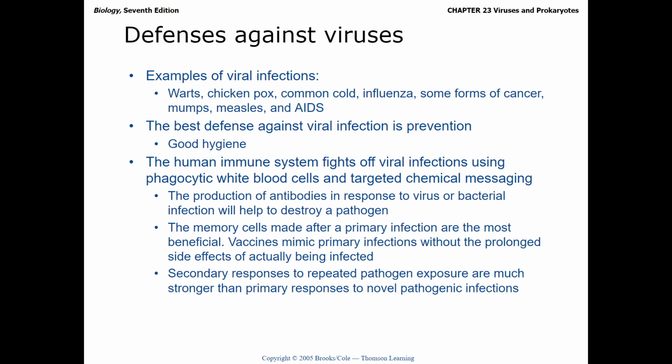Now, vaccines are supposed to mimic primary infections, and that way we do not go a prolonged period of time before our really focused immune system is able to act against a virus or a bacteria that our body has never seen before, because secondary responses are always faster and stronger than a primary response. So, tricking our body into thinking we've seen a pathogen before is the idea behind vaccines.